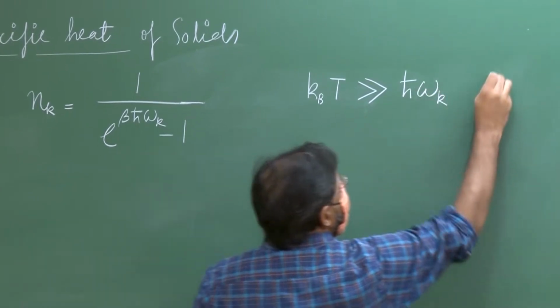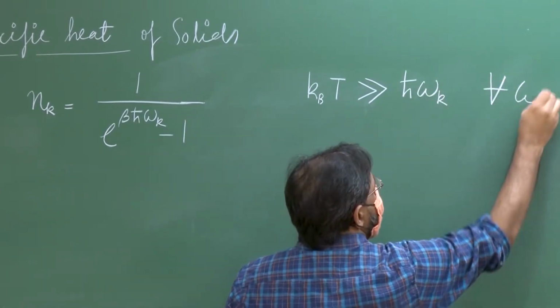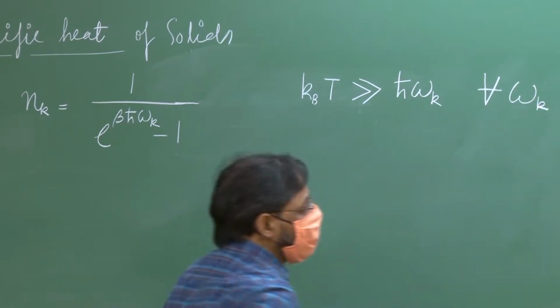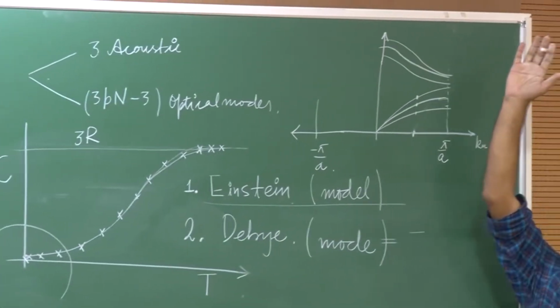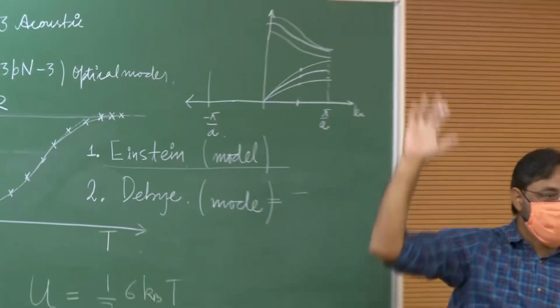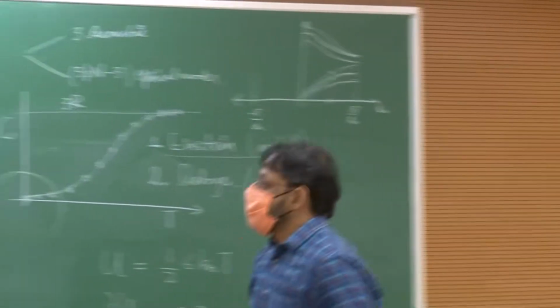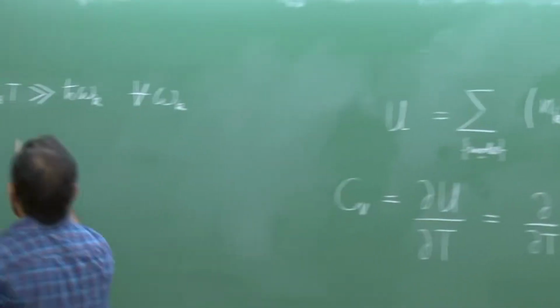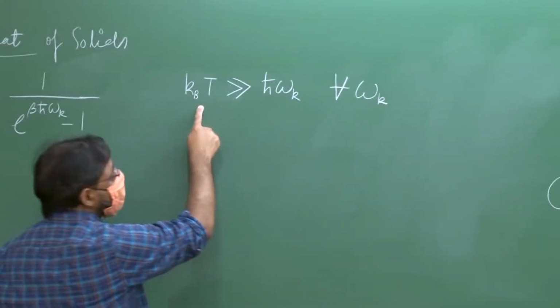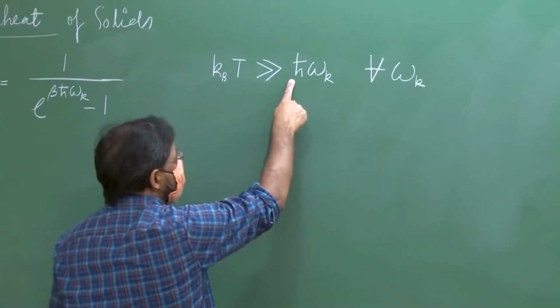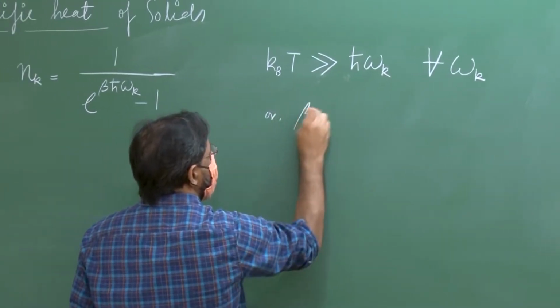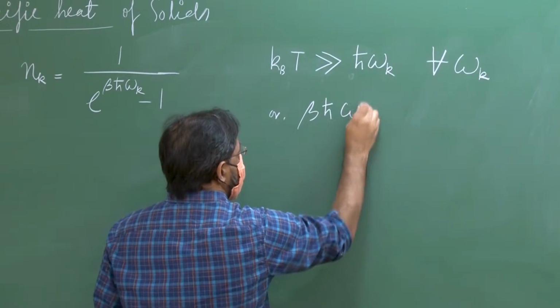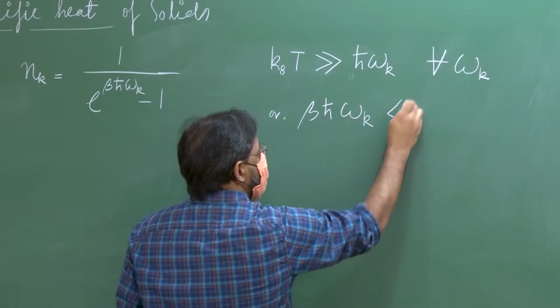For all omega_k's, what does it mean? It means your temperature is so high that you have excited all the modes. You can write this as beta h bar omega_k is much smaller than 1.